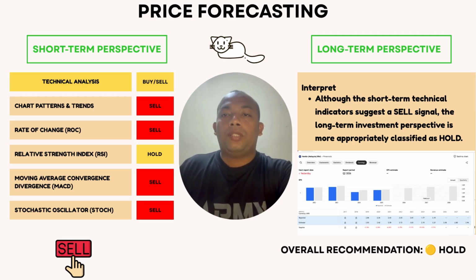MACD is sell. Stochastic oscillator is sell. For the short-term perspective, the stock remains under bearish pressure, so a sell strategy is more appropriate.